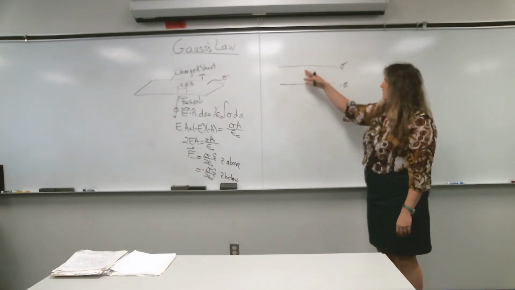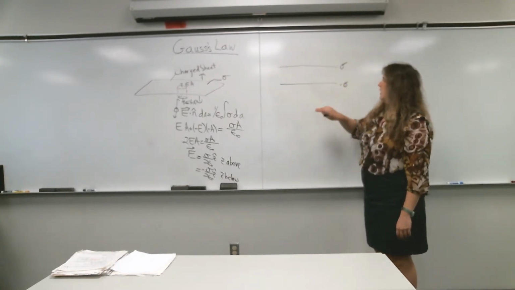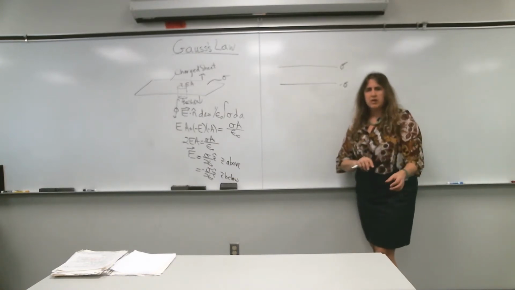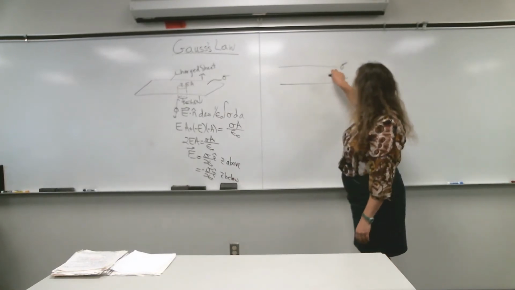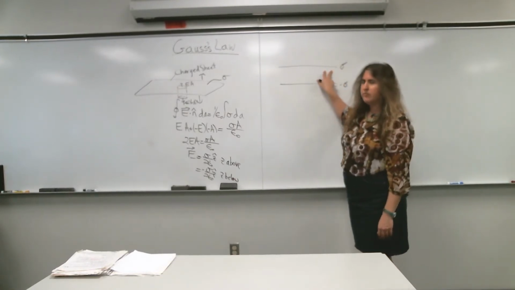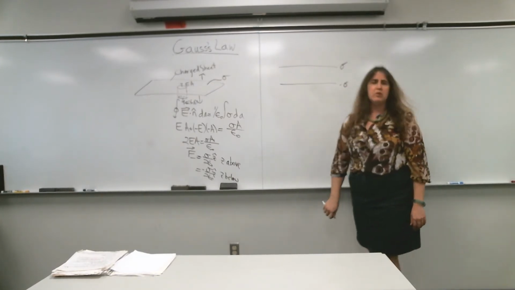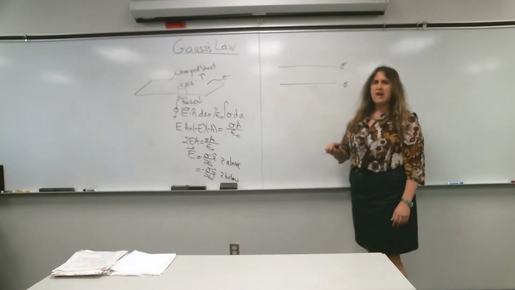How do I figure out the electric field above this sheet, in between these two, and below it? Well, we can solve each problem separately and then make use of the superposition principle. If I figure out the electric field due to this sheet in each of the three regions, and the electric field due to the bottom sheet in each of the three regions, I can just add those results up.